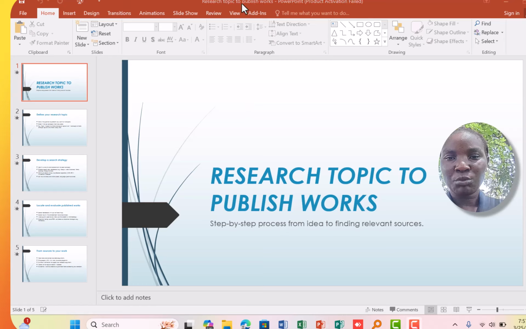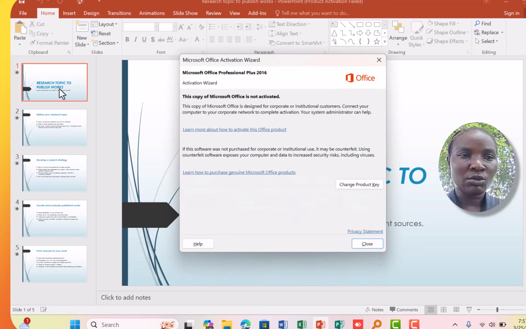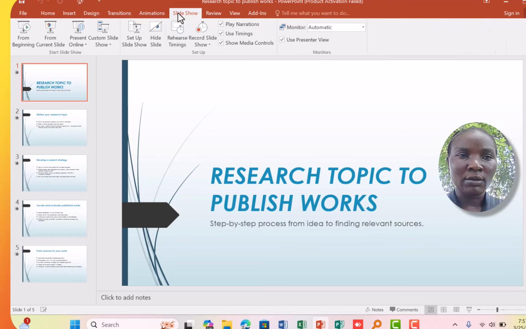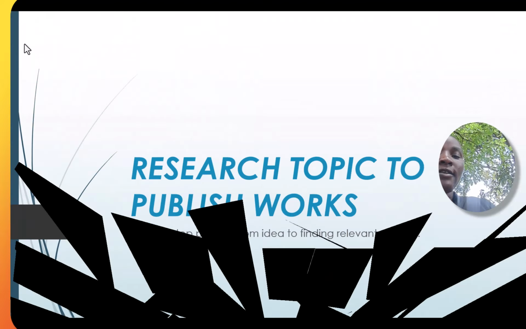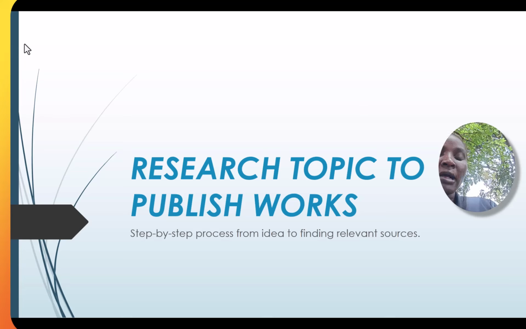We have research topic to published works. So this is what we are studying today. From our slideshow, we shall see that research topic to published works, where we are going to learn a step-by-step process from idea to finding relevant sources. So I want you to be very attentive in this lecture.